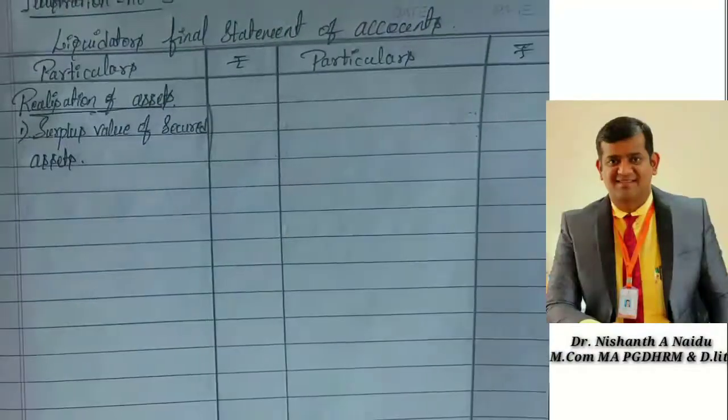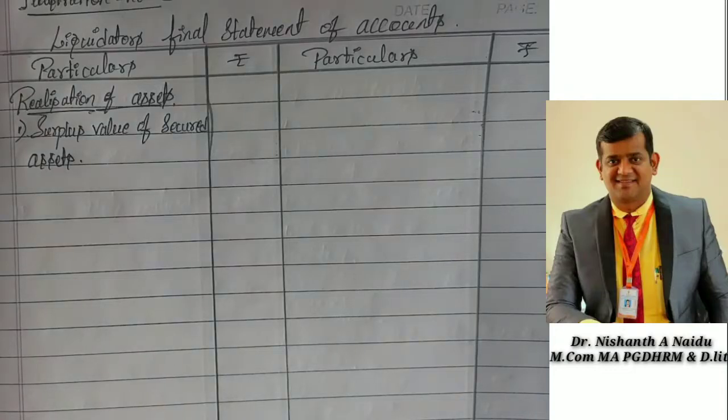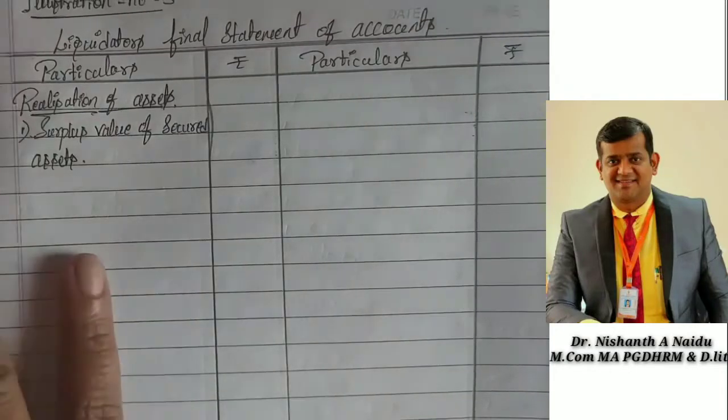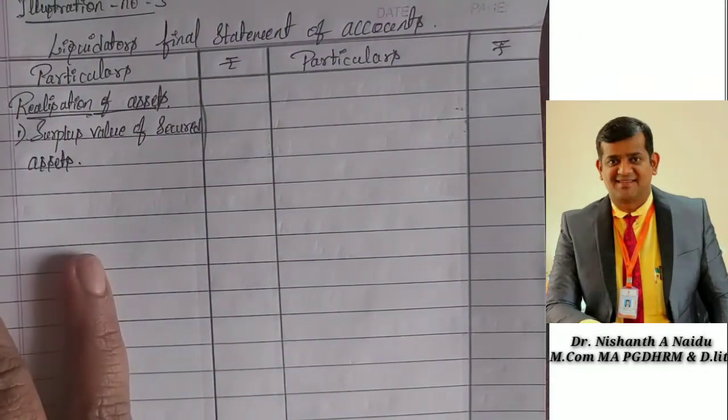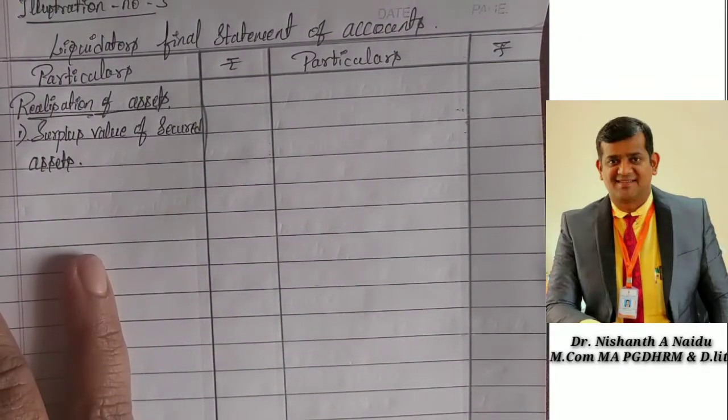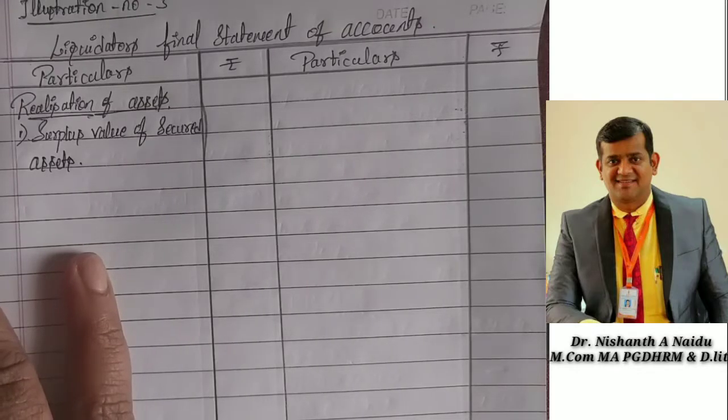See, in this problem they have not given any asset which has been secured. Only when there are assets which have been secured, or some borrowings have been taken on the basis of pledging some kind of properties, then only we consider it.